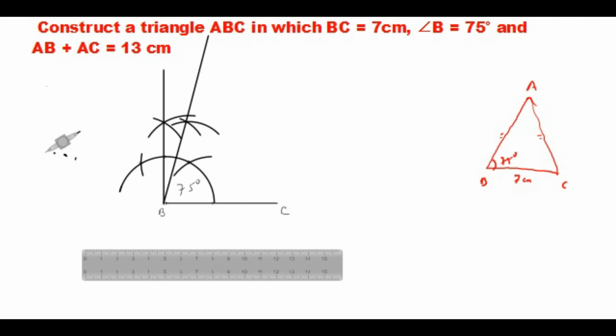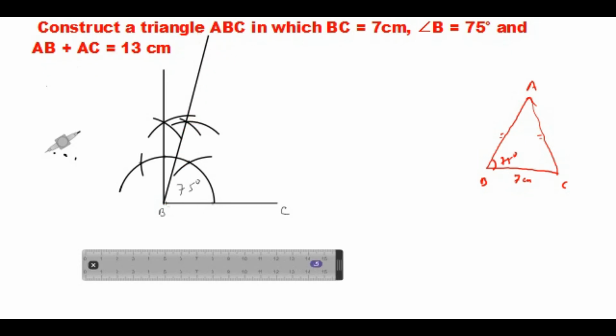Now the major step we have to keep in mind is how to get the point A so that AB plus AC will become 13 cm. The major point is how to get a point somewhere here so that this AB plus this AC will give you 13 cm. For that, the first step is, using a compass from point B, cut one arc of 13 centimeters on this line.